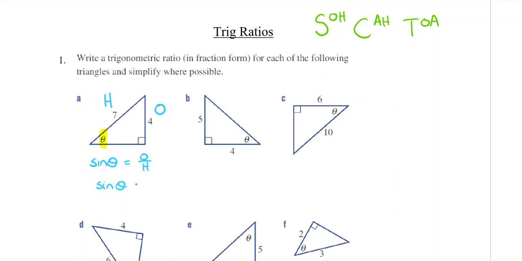So sine theta equals, the O from my diagram is the 4. So the 4 will go on the top. And the H in my diagram is the 7. So 7 goes on the bottom. Okay, we're going to stop there and do the other one. So these are what we call the trig ratio.